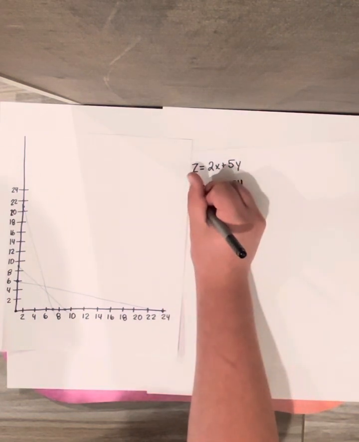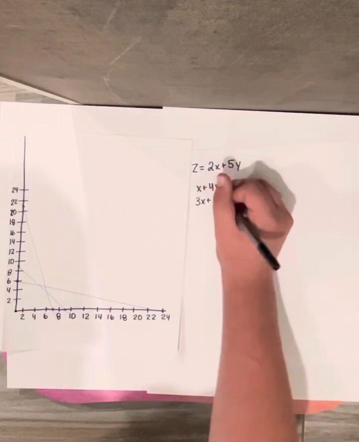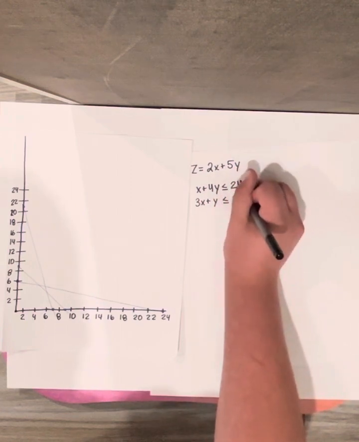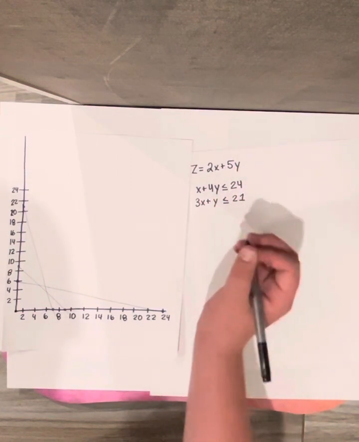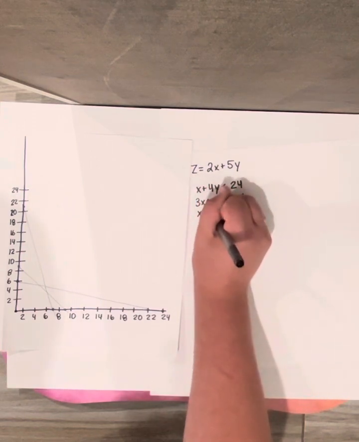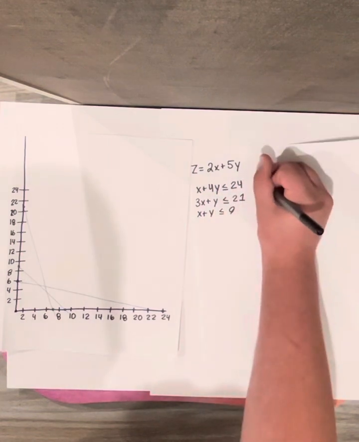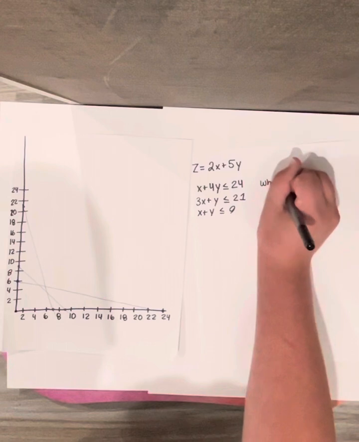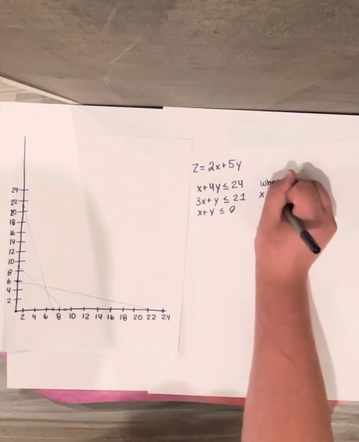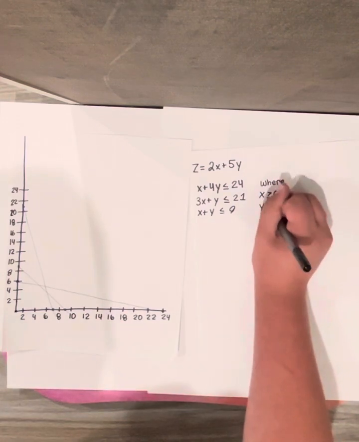My second constraint is 3x plus y, which is less than or equal to 21. And my third constraint is going to be x plus y, which is less than or equal to 9. And this is where x is going to be greater than or equal to 0, and y is going to be greater than or equal to 0.